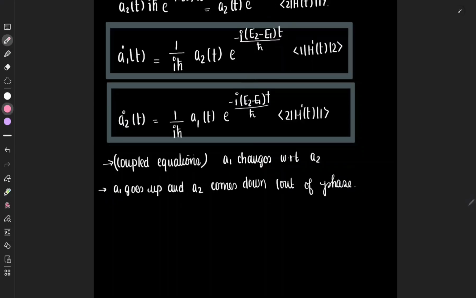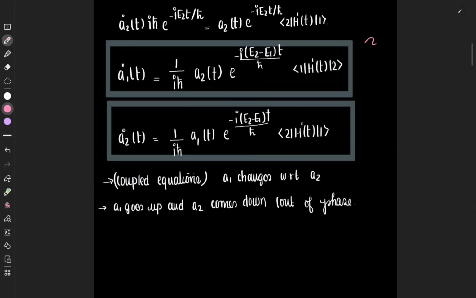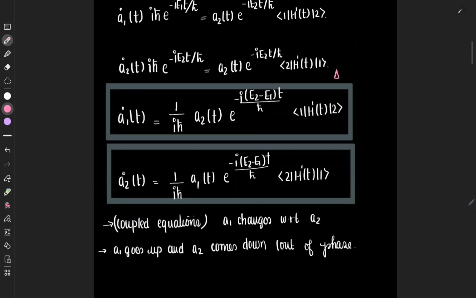Oh yeah, and also to simplify this more, we can do something else as well. We can write delta E is equal to E2 minus E1, right? Which is also equal to H cross omega. So instead of this term, we can write H cross omega, and H cross gets cancelled.